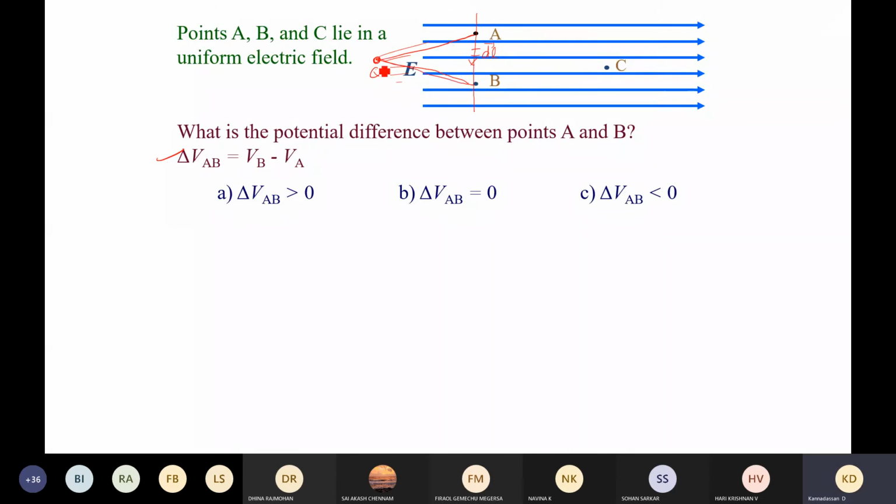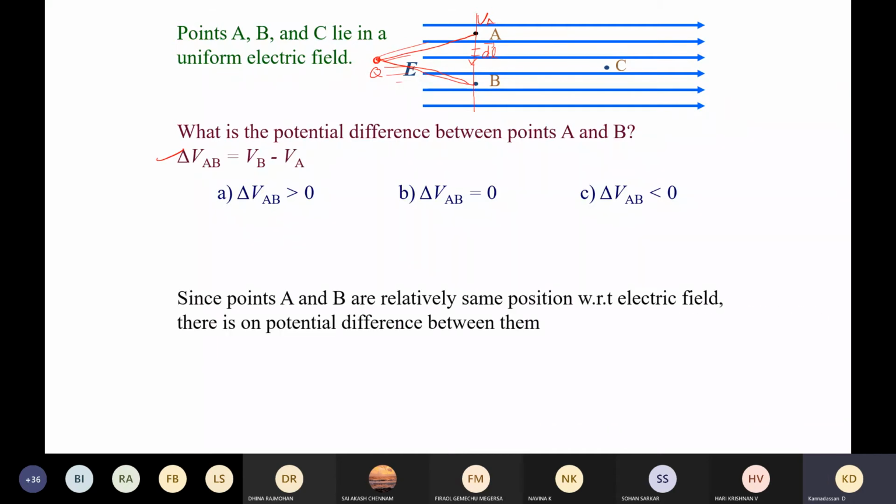Therefore, here potential A will be equal to potential B. The difference will become 0. So in this way also we can explain, but I appreciate the first explanation is more precise than this philosophical one.